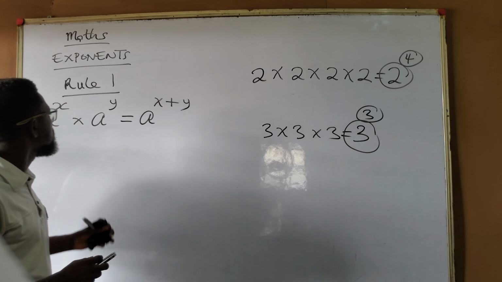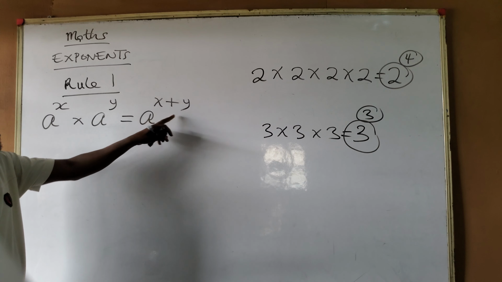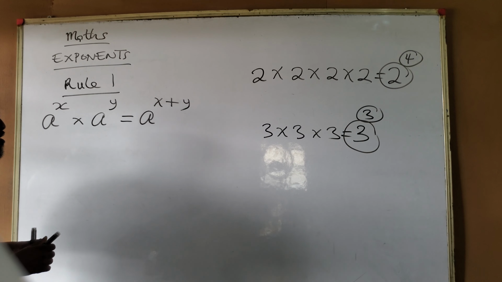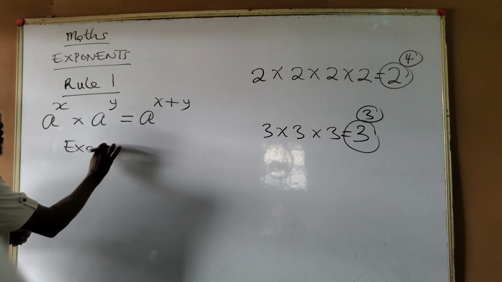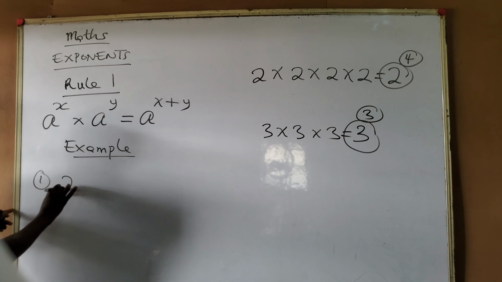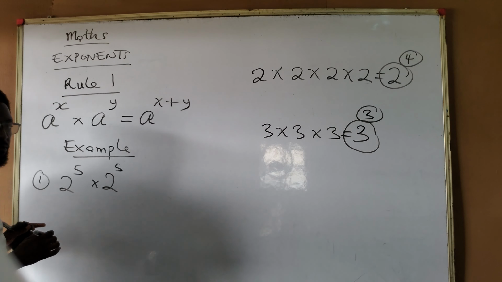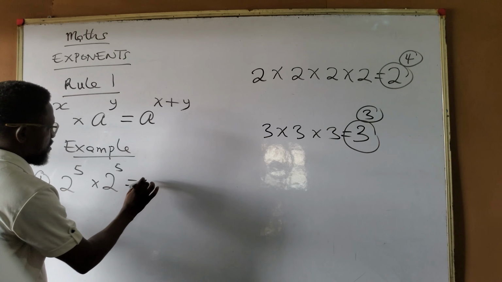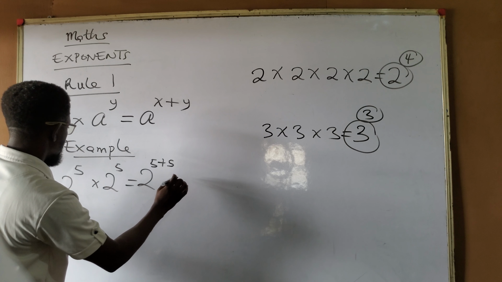So the first rule says, if the bases are equal, you take one of the bases, then add up the powers. Take for example, if you have 2 raised to the power 5 times 2 raised to the power 5, this will be 2 raised to the power 5 plus 5.